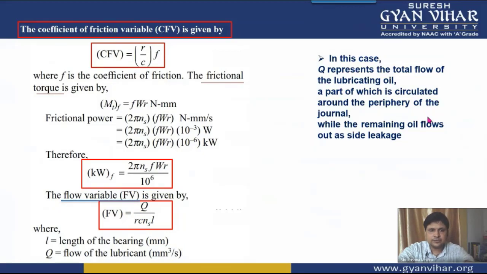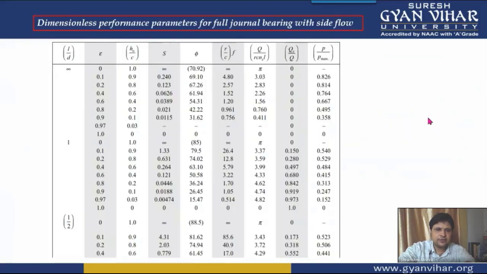Now moving further. This is the chart. You can get this chart in the machine design data book, and through this chart we get the values that are important for designing a journal bearing. We will see how we use this chart in the numericals. First of all we will have to calculate the L by D value, and then based on the value of L by D we will calculate all the other parameters given here.